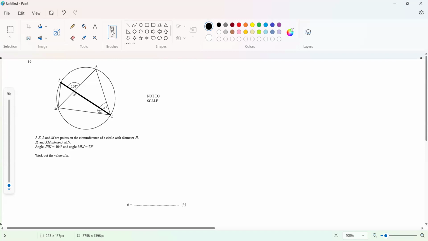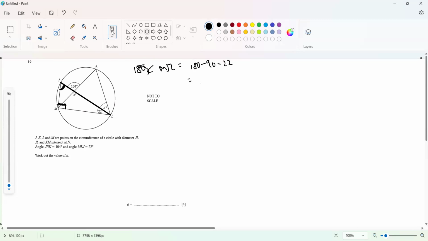Since we know that JL is the diameter, immediately we know that for this triangle here, there is a 90-degree angle right here. This is a right angle triangle. Because we know this, we also know this angle: angle MJL equals 180 minus 90 minus 22.